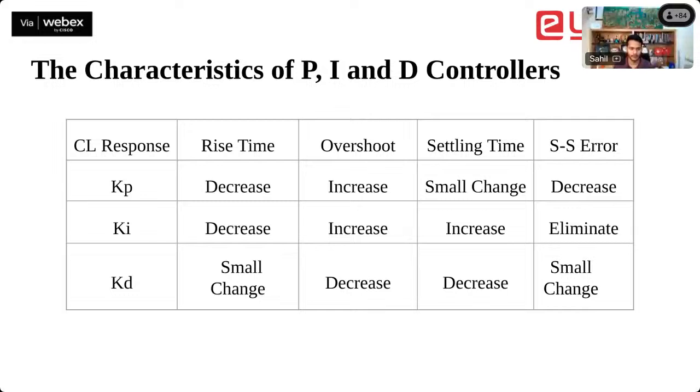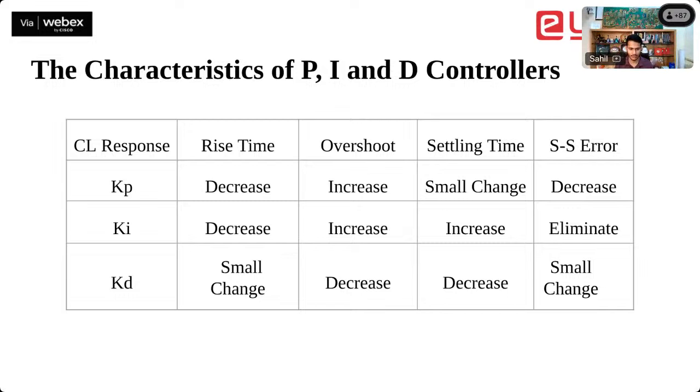For KP, increasing KP generally decreases the rise time, which basically means the system reaches the set point faster. Now about overshoot. Increasing KP typically increases the overshoot, causing the system to exceed the set point before settling.